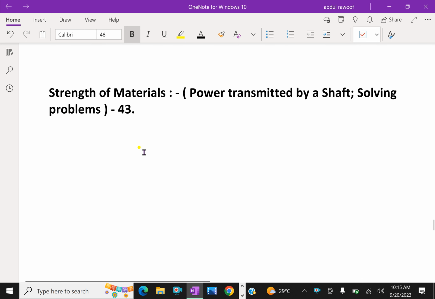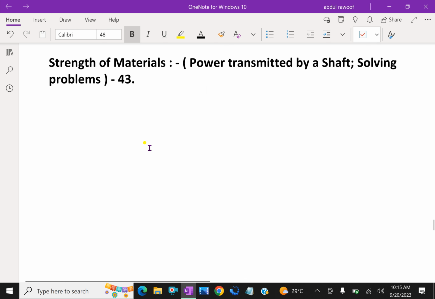Look at here. We know that the main purpose of a shaft is to transmit power from one shaft to another in factories and workshops. Now consider a rotating shaft which transmits power from one of its ends to another.